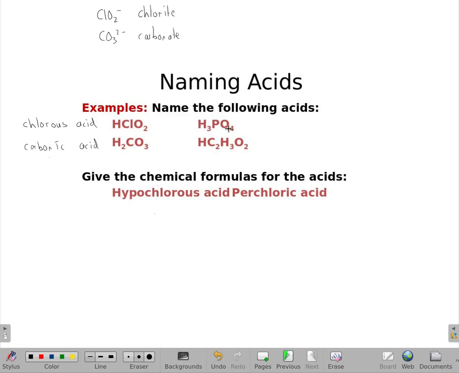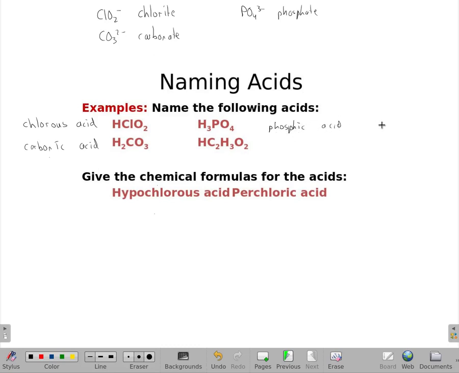All right, our next one, H3PO4. PO4 3 minus is phosphate. So we're going to change our ATE to ic acid. Phosphoric acid.